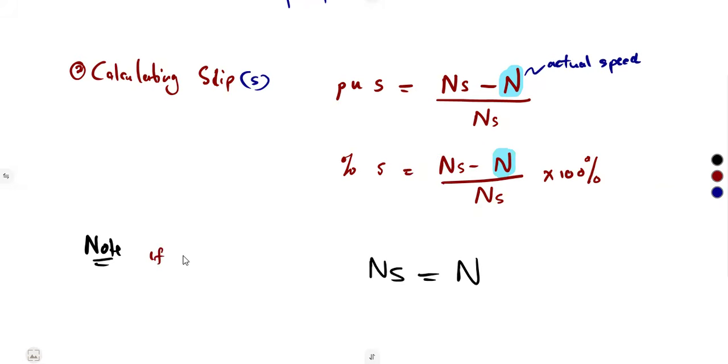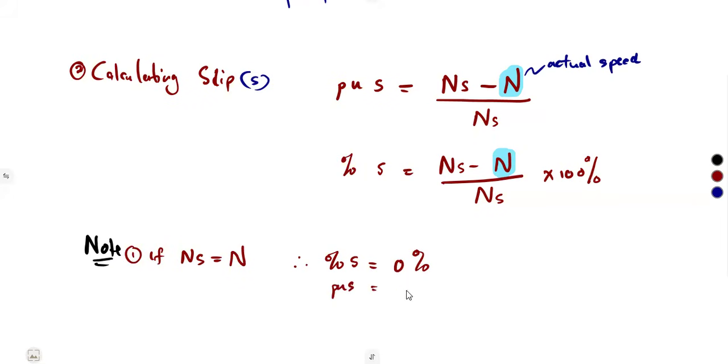So let's just call this one 1. If NS is equal to N, therefore our percentage slip is equal to 0. It will be 0. So a 0 slip as a percentage or as a per unit slip is just 0.